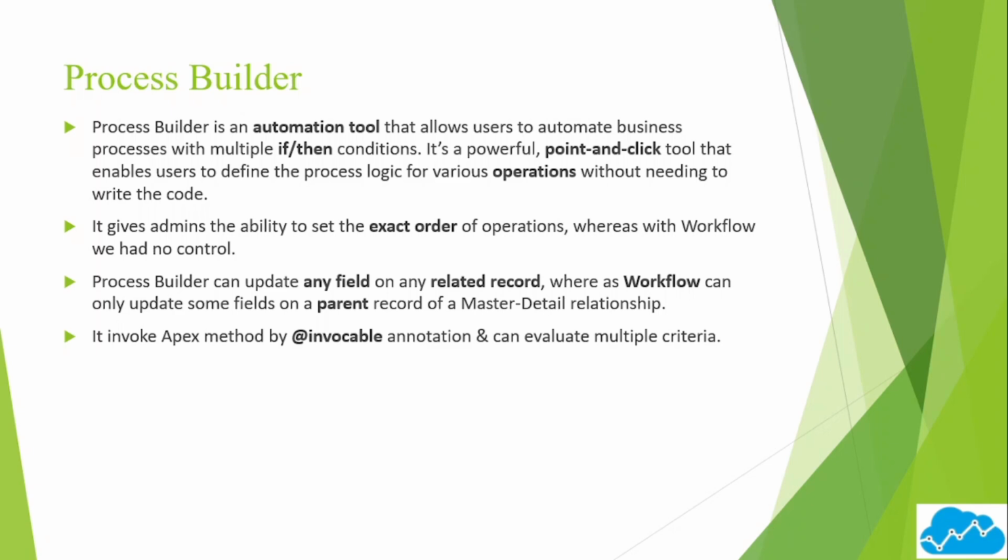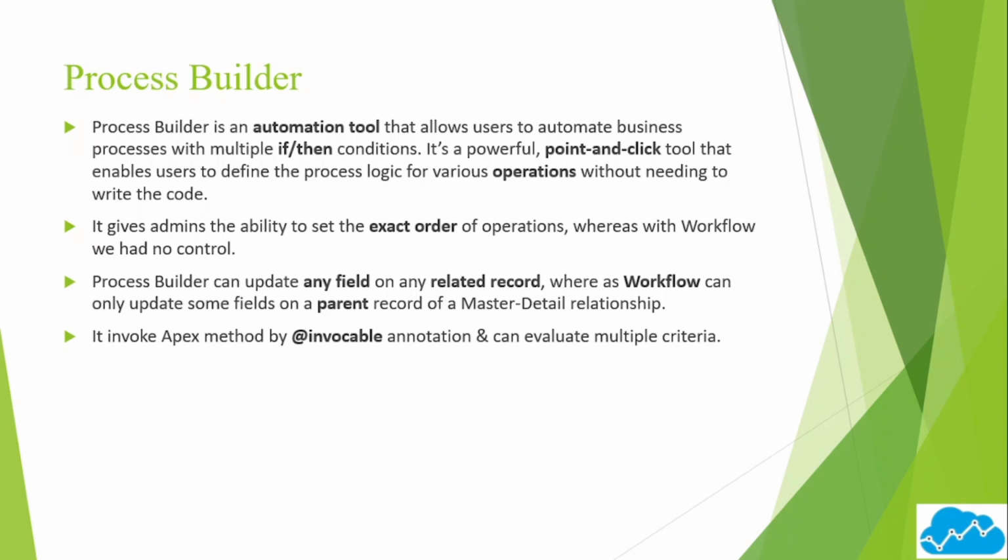In workflow we have to define the criteria and action. What is happening behind the scenes we can't see, but here all the things are presented on the layout itself.